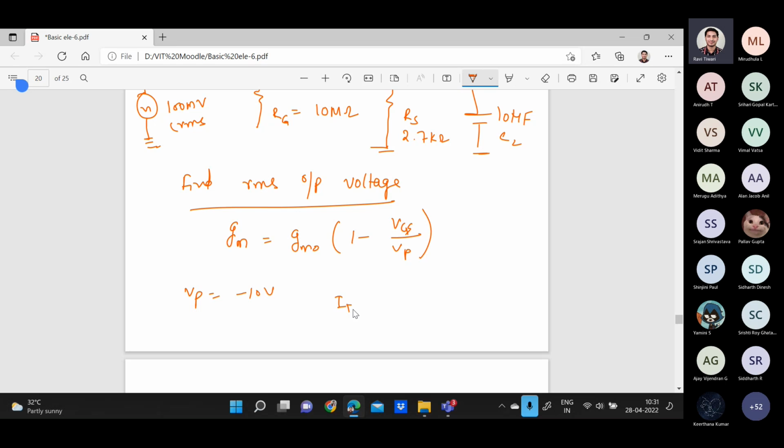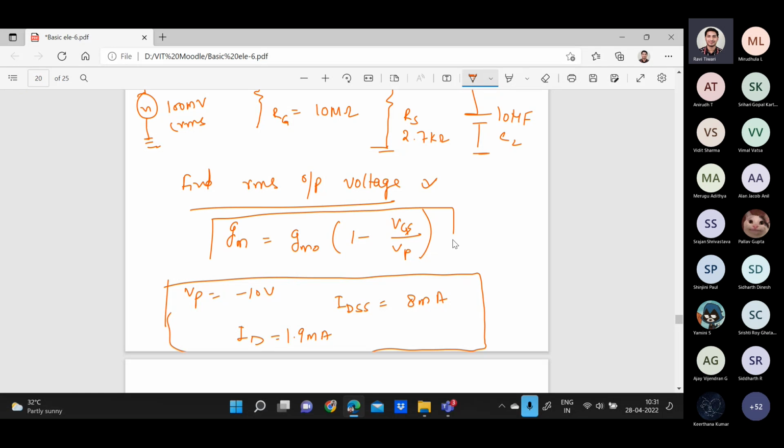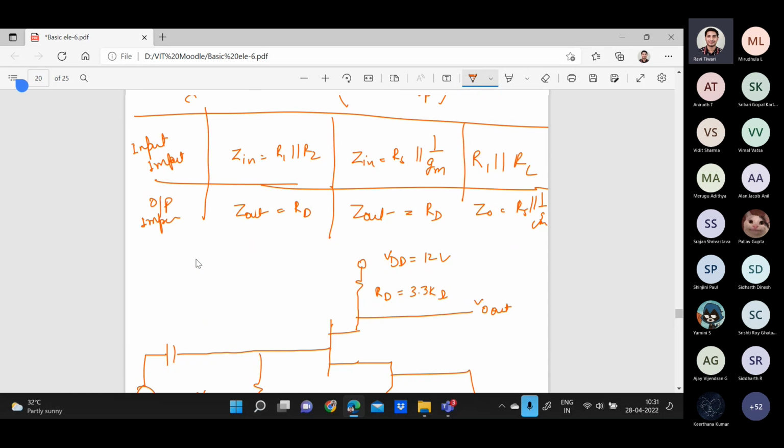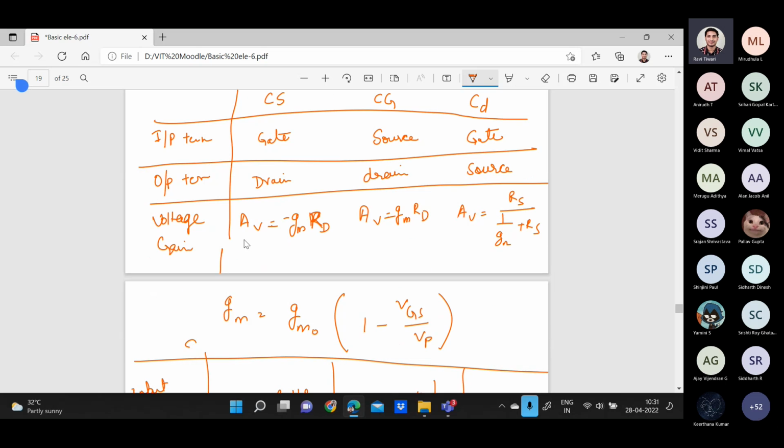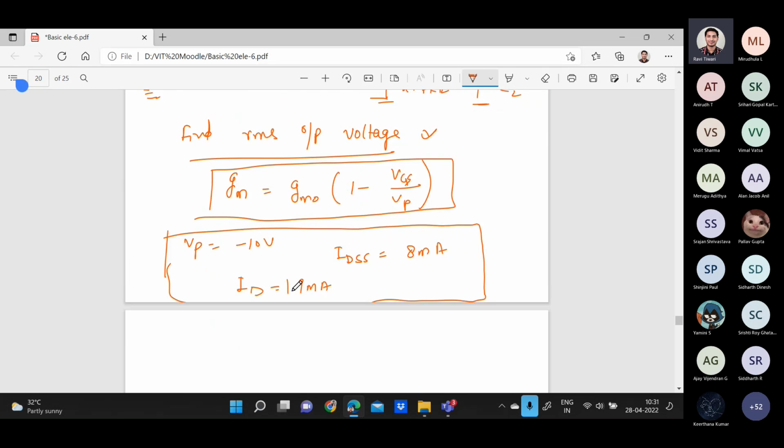They have also given IDSS, suppose 8 milliamps, and ID as 1.9 milliamps. We need GM because we need to find the amplification also. The voltage gain AV will be equal to GM RD. Ultimately, GM, the transconductance, is very important.